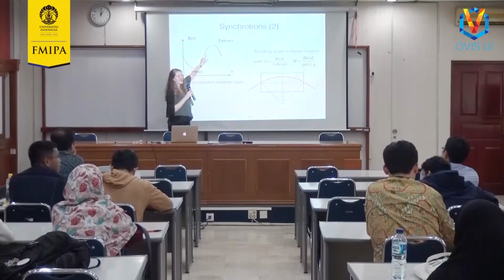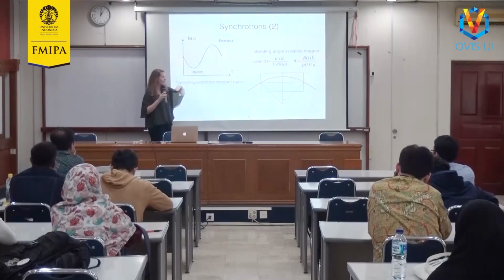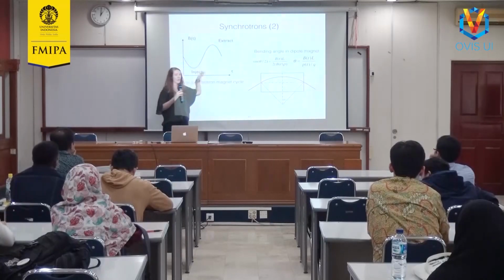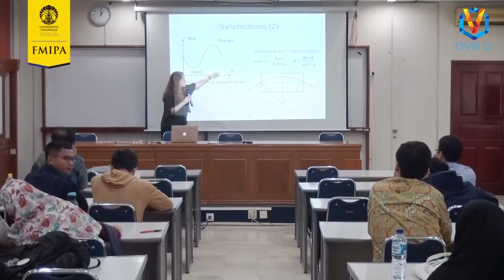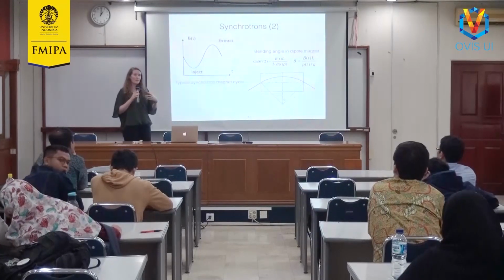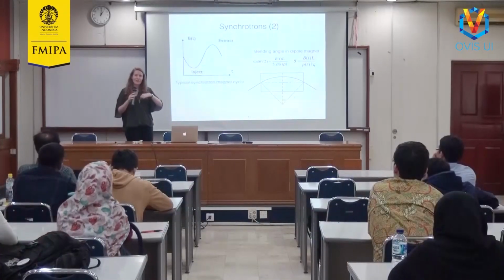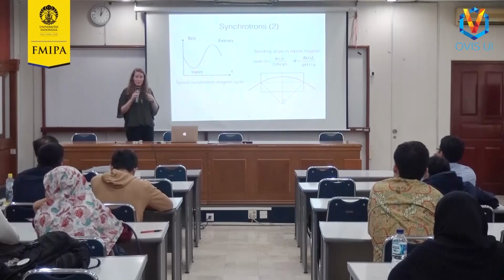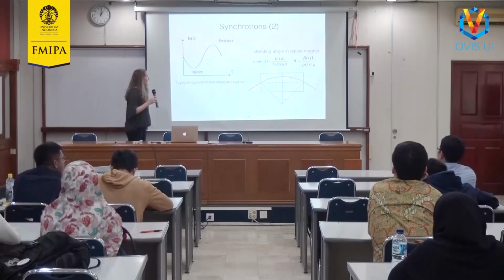You accelerate them, and you have to ramp the field up precisely as you accelerate them. Then when they reach the top energy in the top magnetic field, you extract them again, and the magnets come back down, ready for the next cycle. Because you have to synchronize the magnets and synchronize the acceleration and the acceleration frequency, which also increases, that's why it's called a synchrotron.